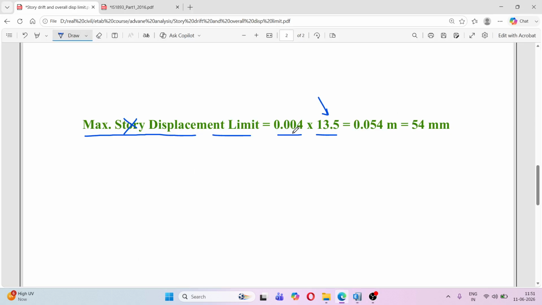So 13.5 multiplied by 0.004 is 0.054 meter, that means 54 mm. Up to 54 mm it is okay, but if my structure deflects beyond 54 mm, then I have to make some changes so that the overall deflection of the structure is reduced.